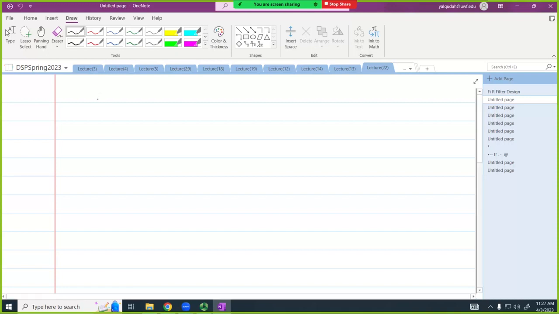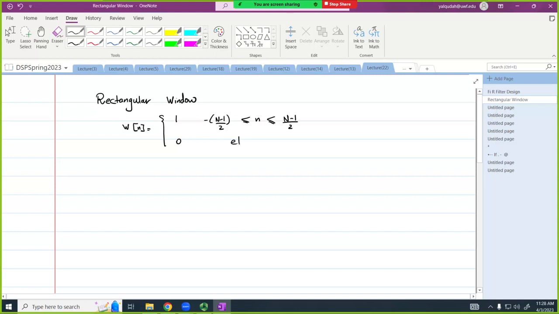So the first window is a rectangular window. And the rectangular window, w of n, is going to equal 1 when n is greater than or equal to negative (N minus 1) over 2, and is going to be 0 elsewhere.